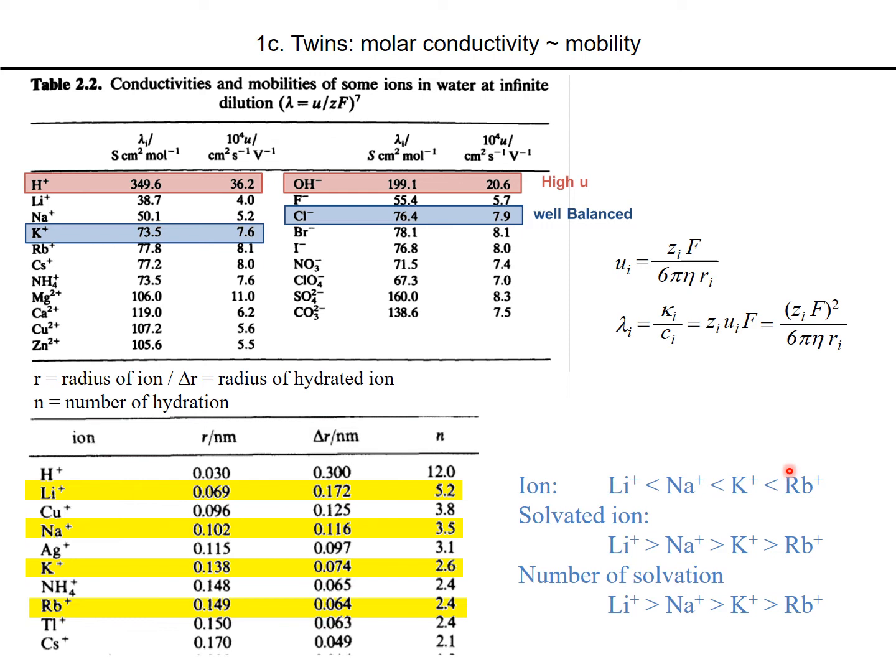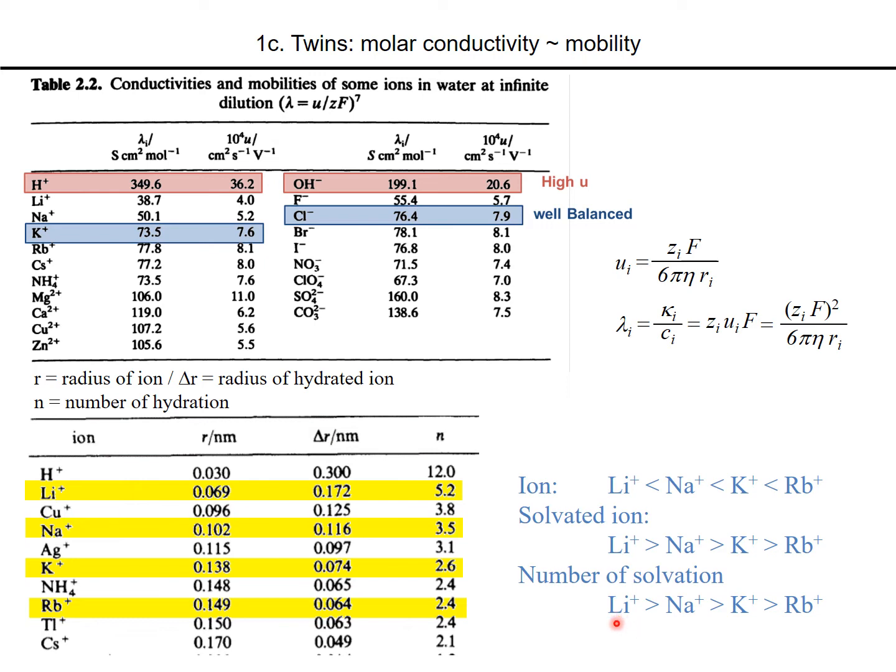However, surprisingly, the size of solvated ions decreases from lithium plus, sodium plus, K plus, Rb plus. Why? Because of their number of solvation, the number of water molecules for solvation.